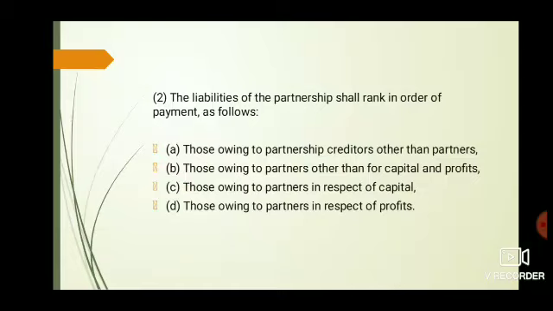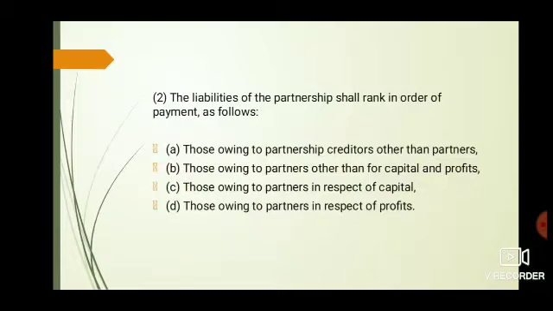Afterwards, kailangan naman bayadan si C as an inside creditor, which is 100,000. So, 850,000 less 100,000 will leave a balance of 750,000. Thereafter, partners A, B, and C will be paid their capital, leaving a balance of 150,000.